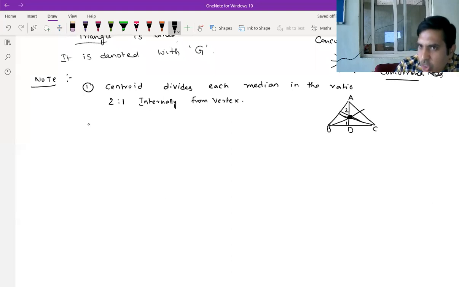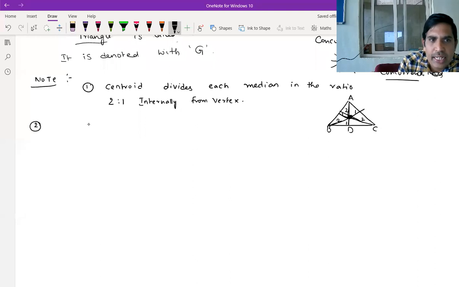From vertex 2:1 we have to consider. So this is 2 parts, this is 1 part. Like this only, this is 2 parts, this is 1 part. This is 2 parts and this is 1 part. Remember, centroid divides each median in the ratio 2:1 internally from the vertex. That's the first note point.